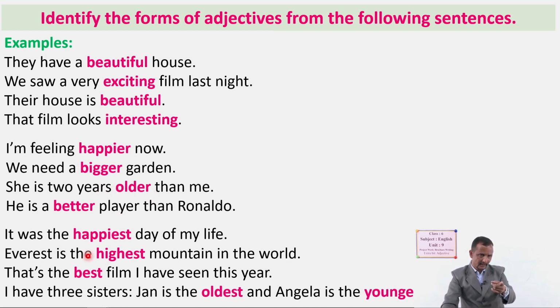Similarly, let's see the last one: Happiest day of my life. Happy, happier, happiest. And the highest mountain in the world. Best film. Oldest and youngest. So did you identify the forms of adjective? Do not worry, I will give you everything. But first of all, see whether you can find out the forms of adjective yourself or not.